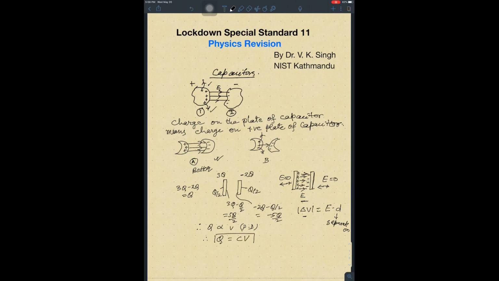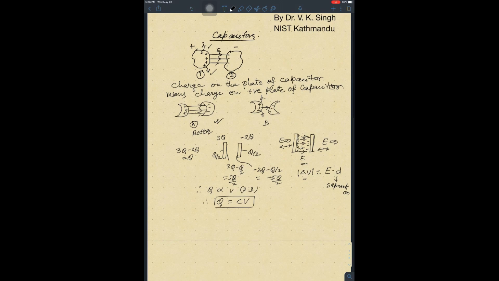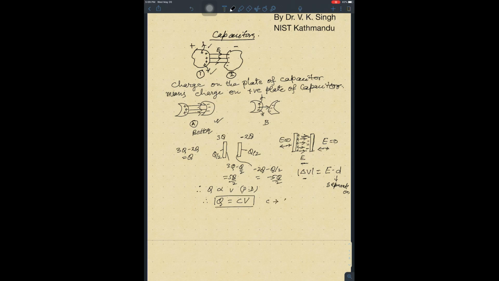Here C is a constant, and it depends upon the size, shape and placing of the conductor. C is called capacitance. Now try to understand: C is equal to Q by V, that is coulomb per volt, called farad.